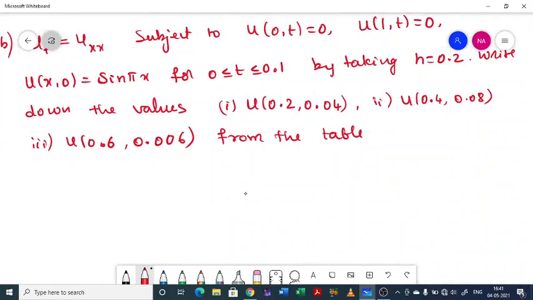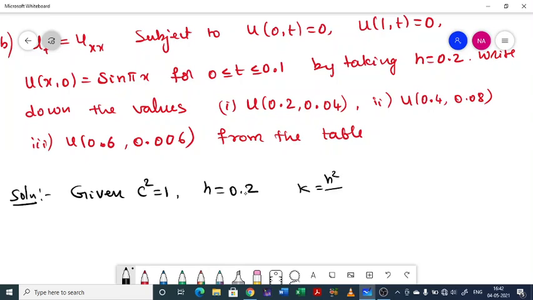Now from the given data, solution, given c square is 1, and h is 0.2, you can compute k will be h square divided by 2c square, right?